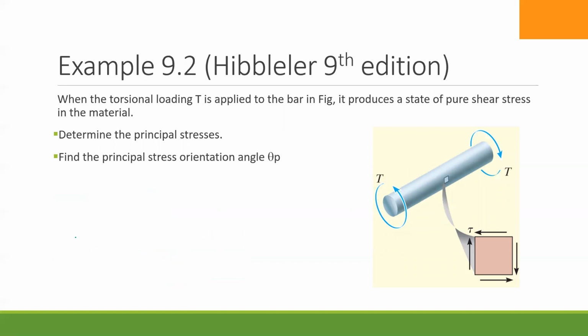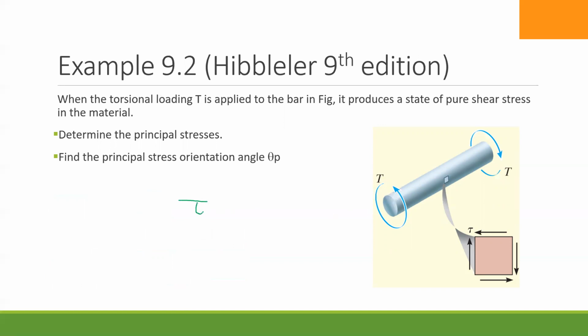Anyway, let's practice with a new example. We have a pure torsion system. When the torsion is applied to this bar, maybe you remember from chapter 5, pure shear stress can occur. How can we compute it?